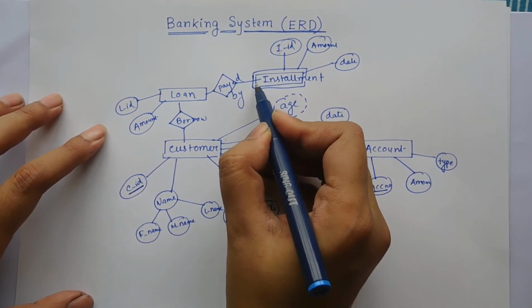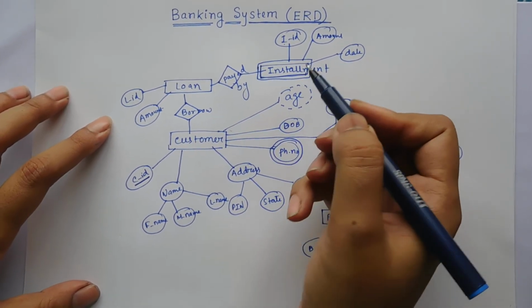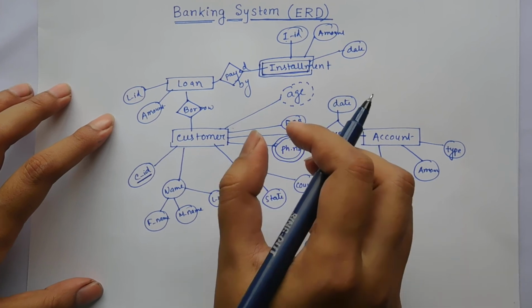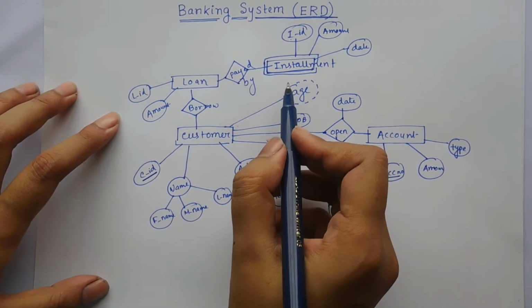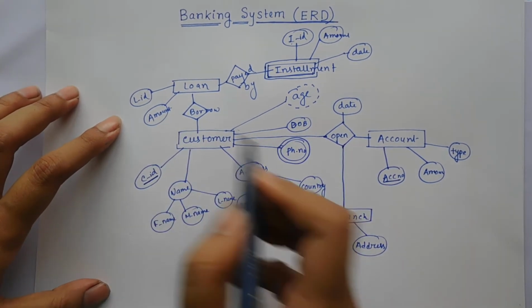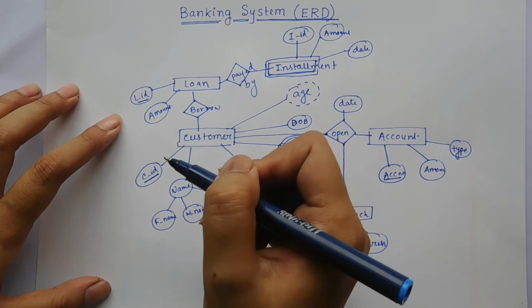We represent a weak entity as a double rectangle. Because the entity which does not have sufficient attributes to form a primary key is called a weak entity. And all the entities which have primary keys are called strong entities.